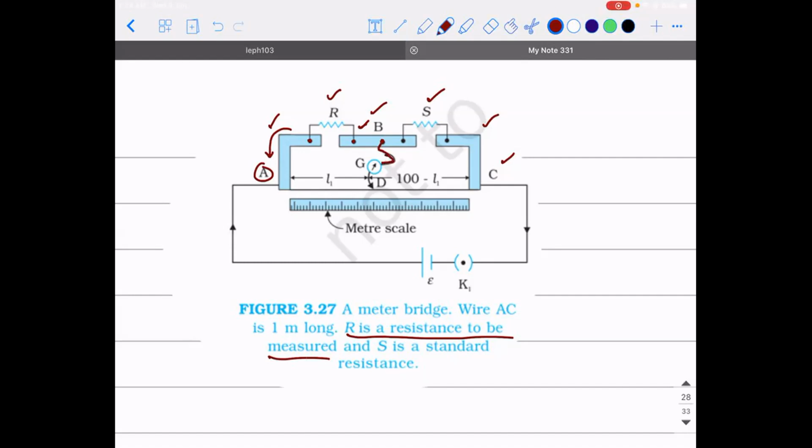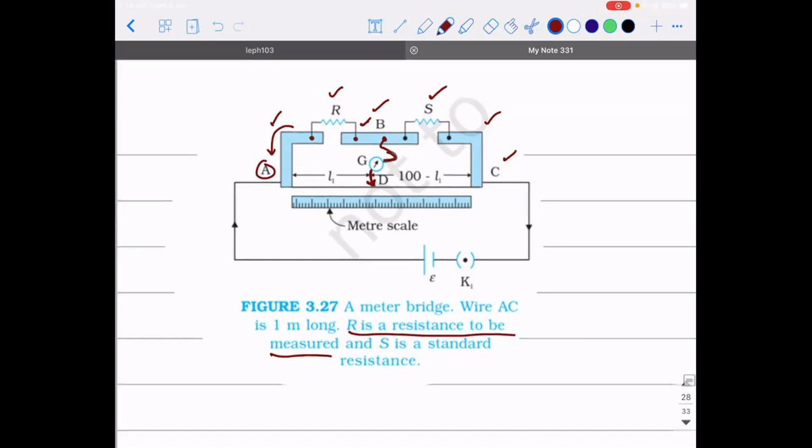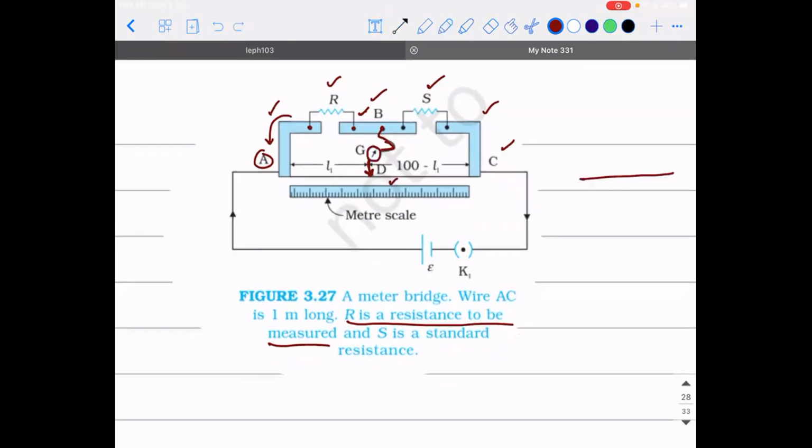You have an arrow mark which is establishing a connection between them. So the jockey is the arrow mark which can be moved like this. As you keep moving on this wire, you can observe some changes in the deflections in the galvanometer.